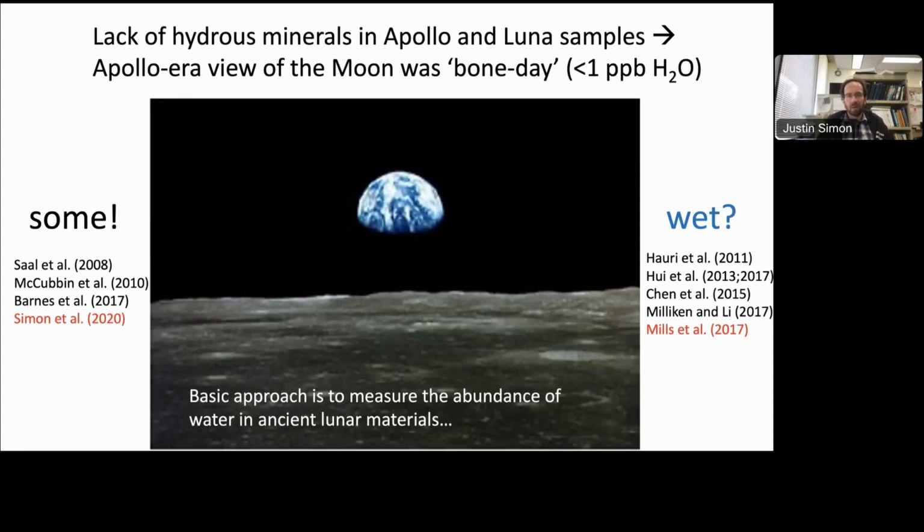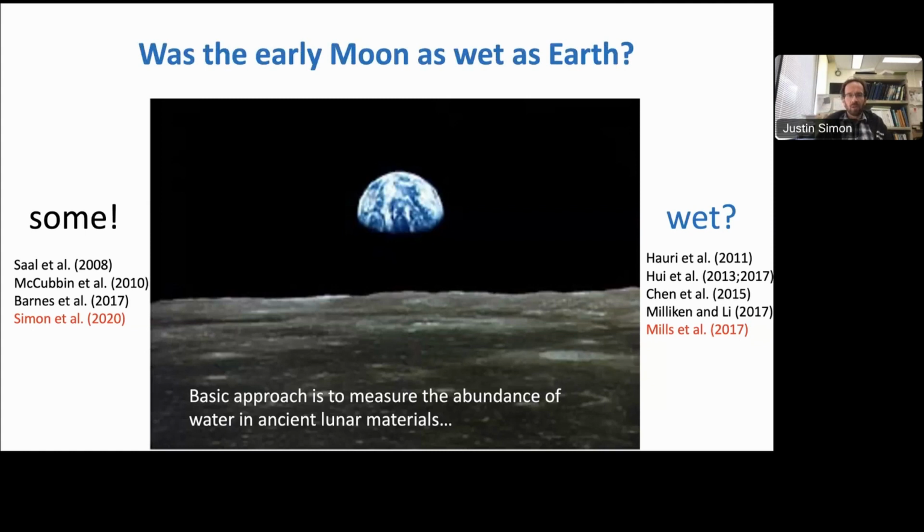We now know that some, well, all probably, have some evidence of volatiles, and some actually indicate very wet, nearly terrestrial mantle-like compositions. And so really the question is, was the early Moon as wet as Earth?